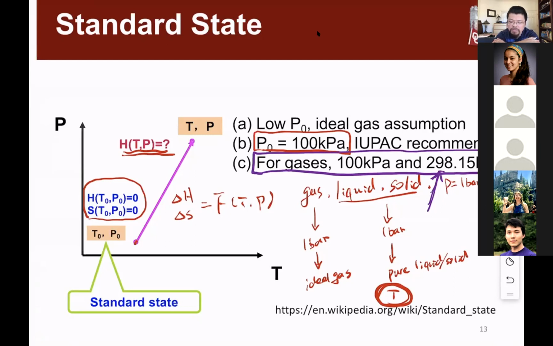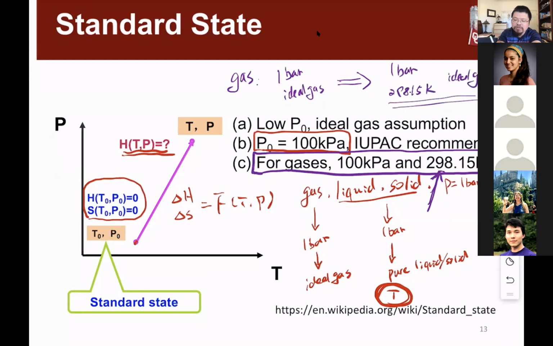So when we talk about gas, by IUPAC definition, it is purely a 1 bar ideal gas. And we human beings added another term: 1 bar, 298.15 Kelvin ideal gas. We're not trying to overwrite the IUPAC definition, but we just make this more convenient for the actual calculation. Okay, so this is the standard state.